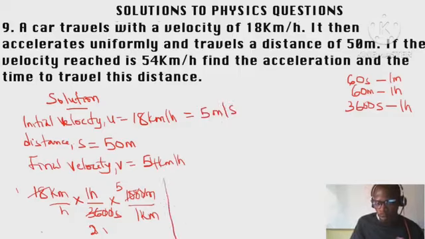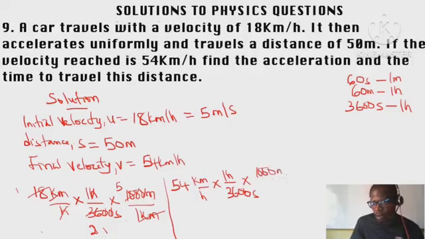The same thing we are going to do for 54. Here we have 54 kilometers over hour. We are going to multiply that by 1 hour over 3,600 seconds, because hour will cancel hour, kilometer will cancel kilometer. So what is left is meter over seconds. That's meters per second. This one also is going to be times 1,000 meters over 1 kilometer. Kilometer will cancel kilometer.